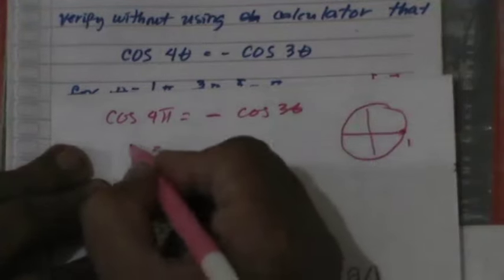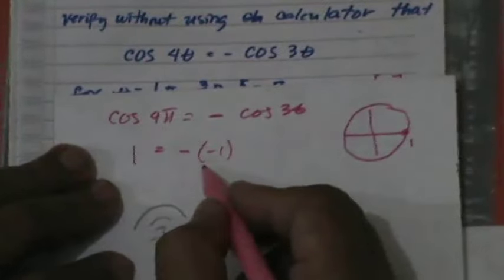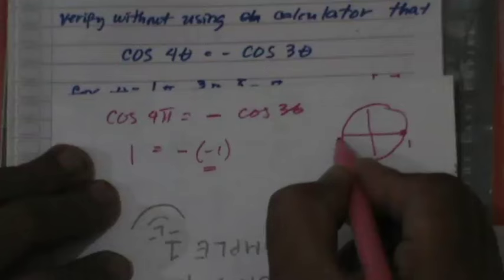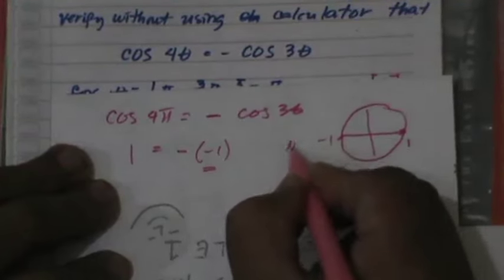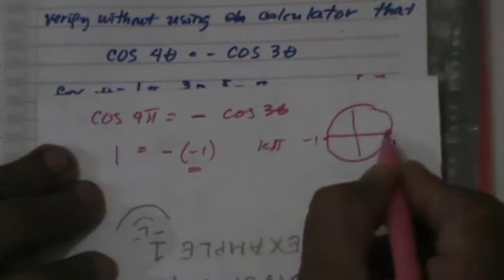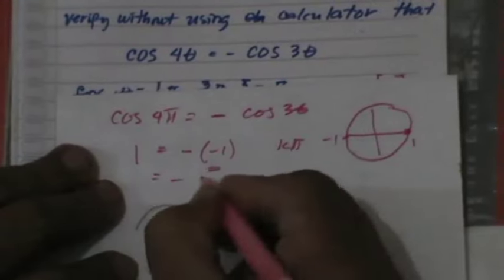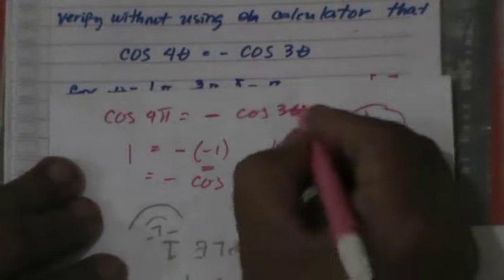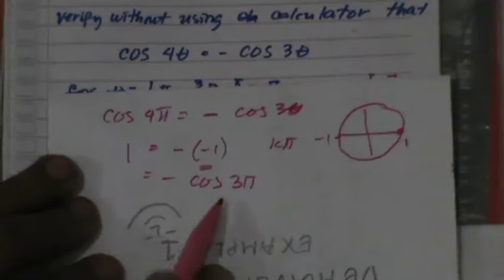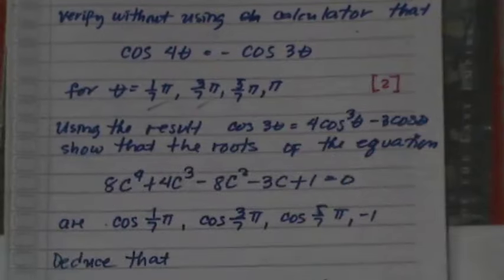And this one is equal to the negative of your 1, alright? But what is this one here? That is actually this portion there, which is 2 pi, okay? Pi, k pi there. So that is 1 pi, 2 pi, 3 pi. So that is equal to the negative of the cosine of 3 pi. And there you go. It shows that the cosine of 4 pi is equal to the negative of cosine 3 pi.